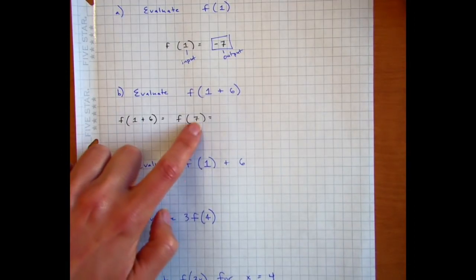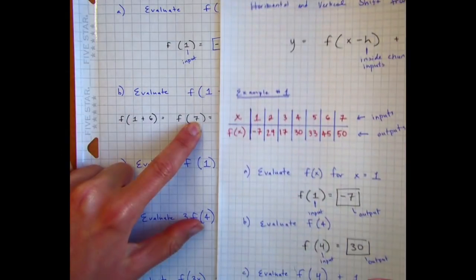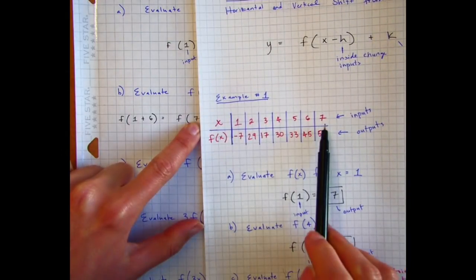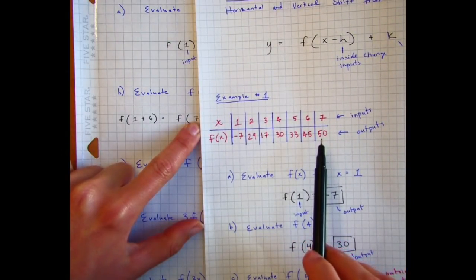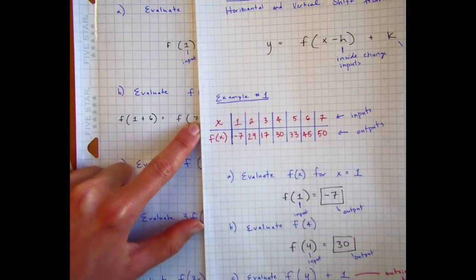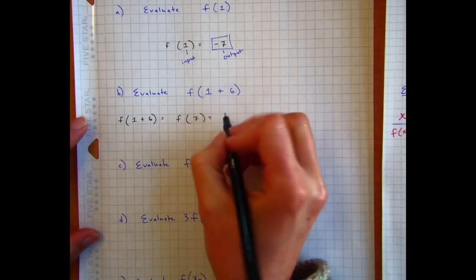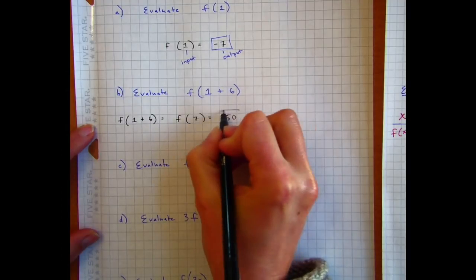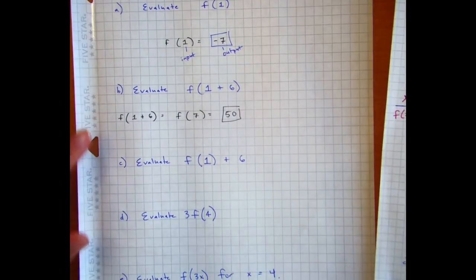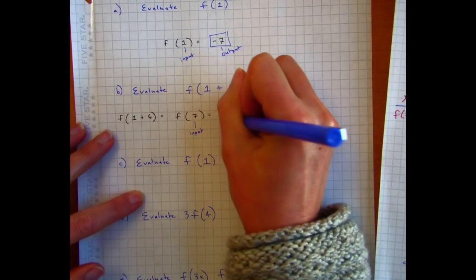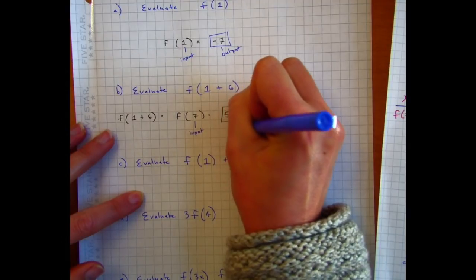F of 7, I'm just going to search for 7 in my table. When the input is 7, the corresponding output is 50. There's my input value, and there's the output that corresponds to my new input.